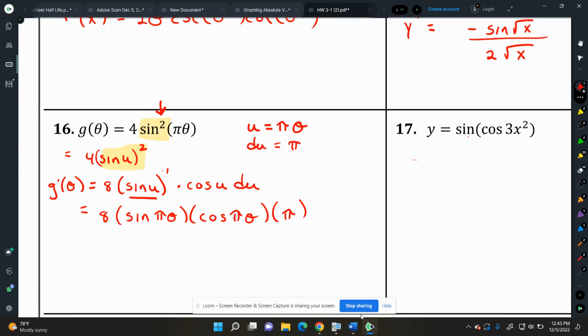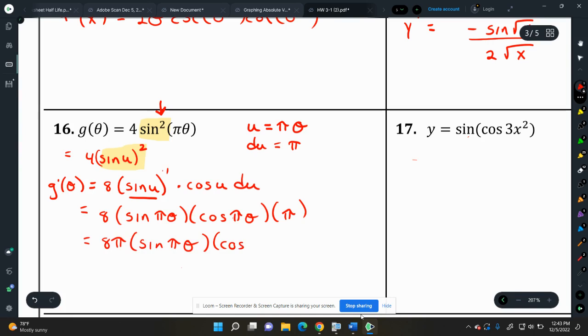Yes. So we have 8 pi sine pi theta cosine pi theta. Sine and cosine, it doesn't matter what order, because it's multiplication.